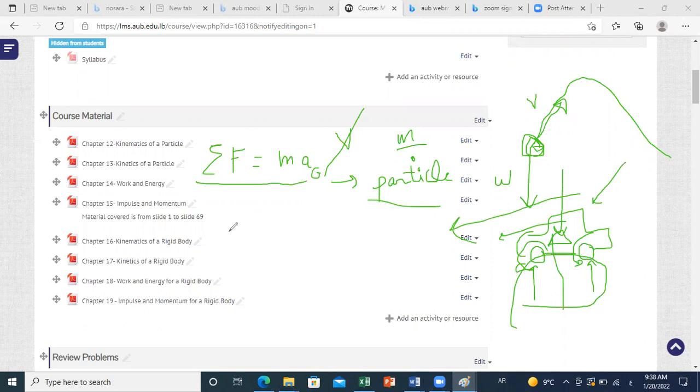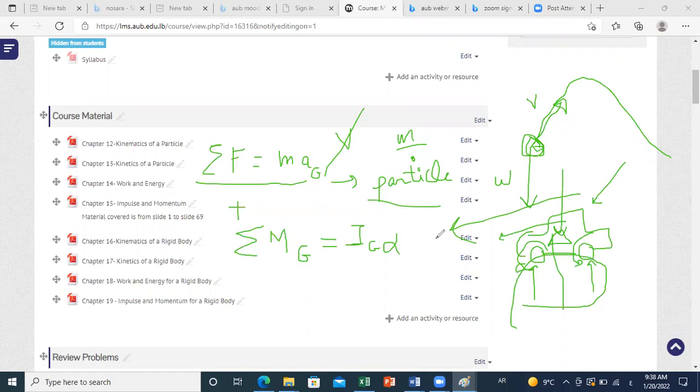For a rigid body, we should add another equation, the rotation. Let's say we'll divide the car into several parts, the body and the wheels, and for each part, we should write the equation of motion. And whenever I have a rigid body, I have the addition of an equation, which is sum of moments about G equals I_G, which is the inertia, times alpha. So this is a small definition of the difference between a particle and a rigid body.